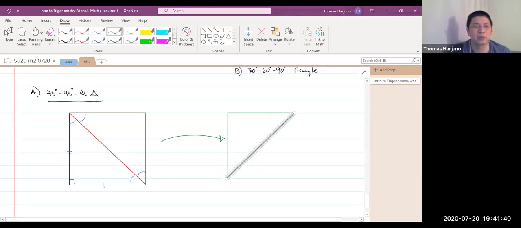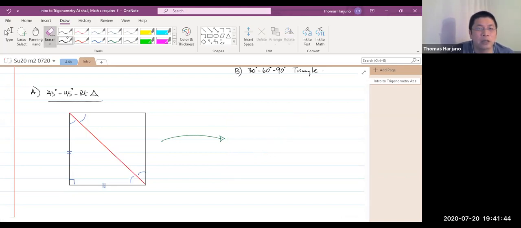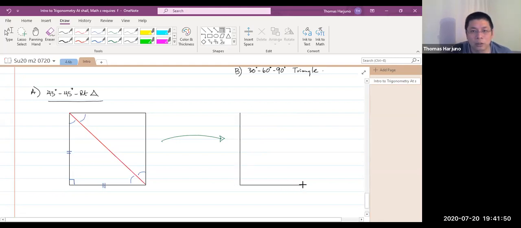I try to mimic the graph that we have earlier. Here going down. This is right angle. And this is 45 degrees. This is 45 degrees here. This is 45 degrees here.